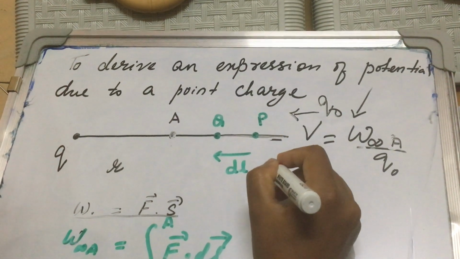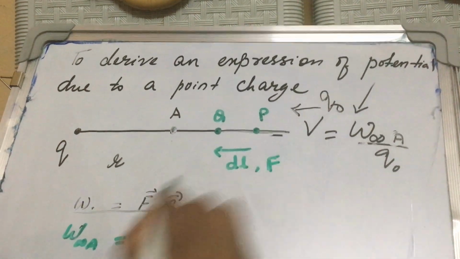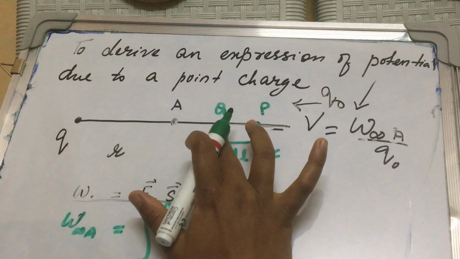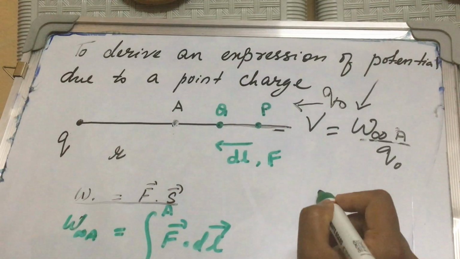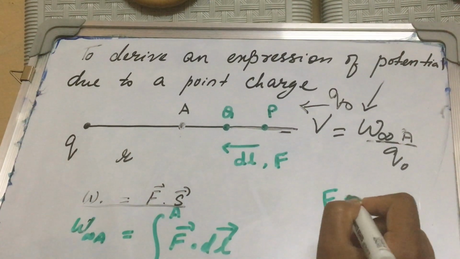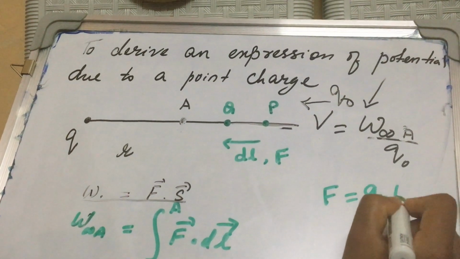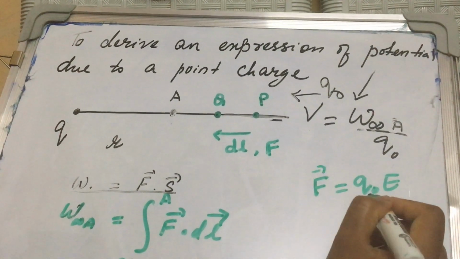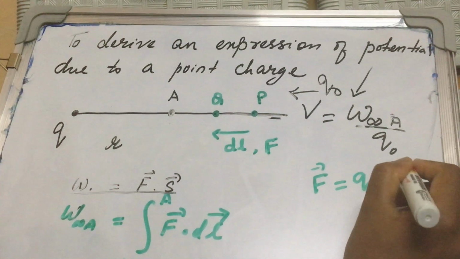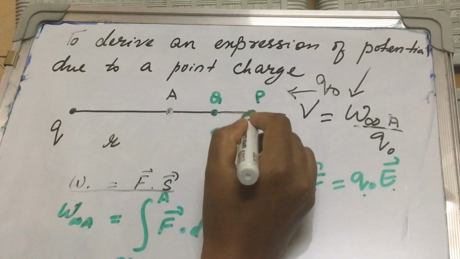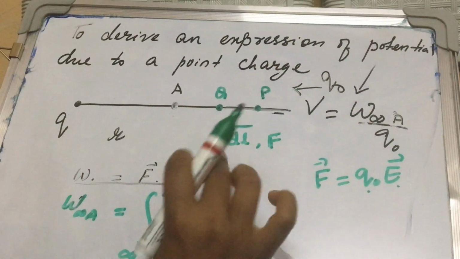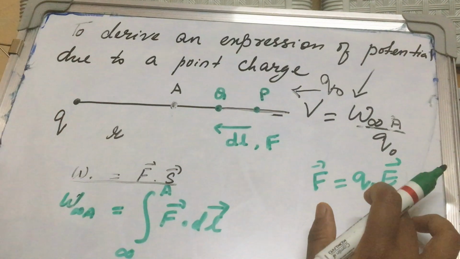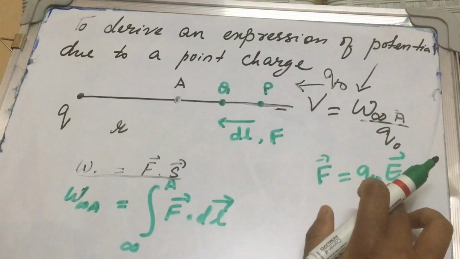If the force is constant, then the electric field will also be constant, right? Because force in an electric field is due to the electric field. So the force on this Q0 is due to the electric field, so force is equal to Q0E. At this distance, as we assume it's so small, force is constant means electric field is also constant.